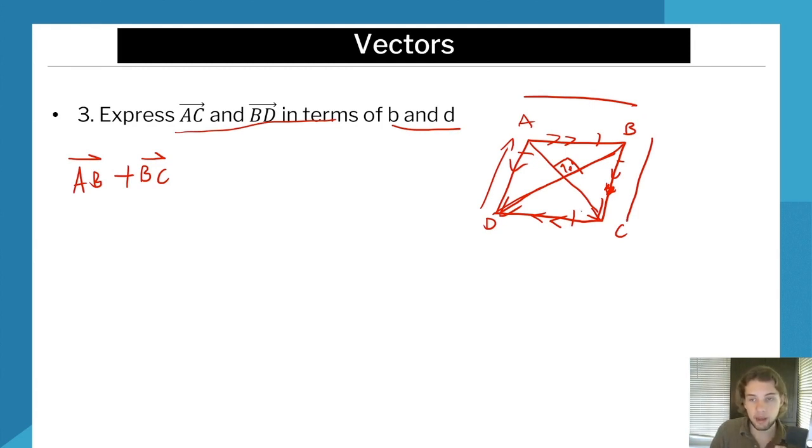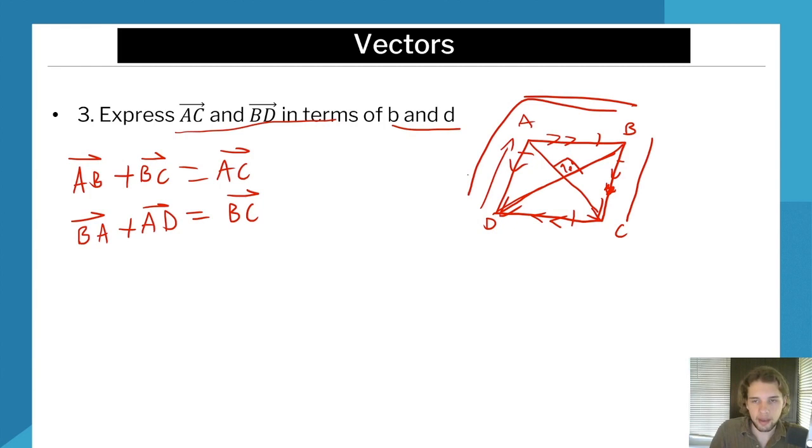We can add them together, and that creates the vector A to C. Now we want to look at B to D. So we can put B to D in terms of B to A, and then plus A to D equals B to D. So that's going along this way and then down that way, and that finds our final vector there.